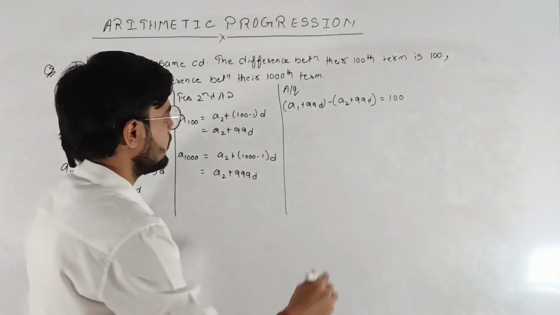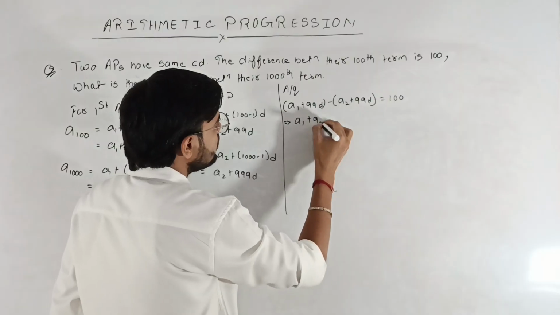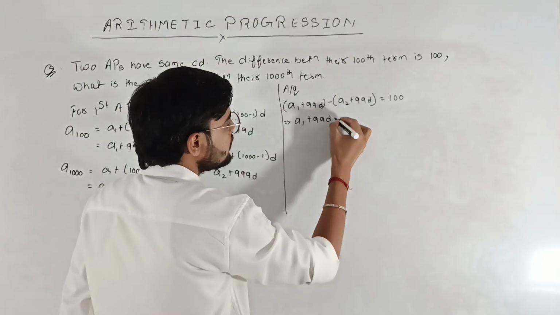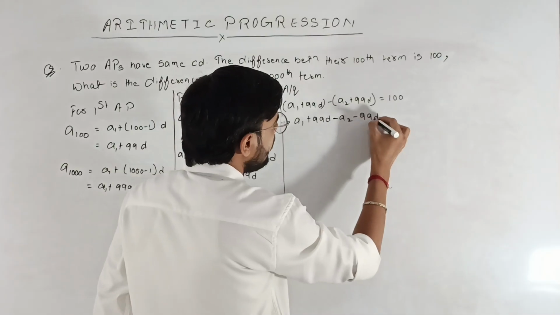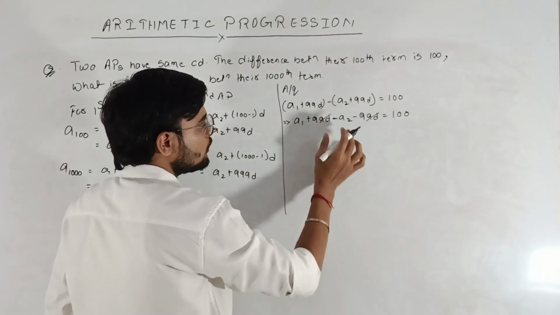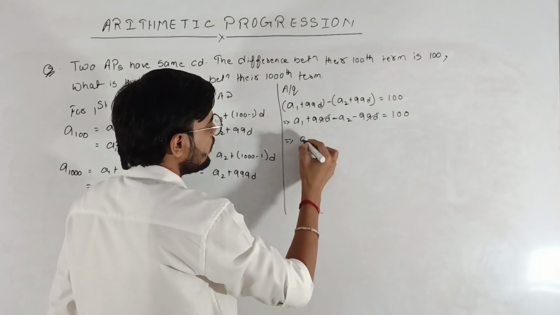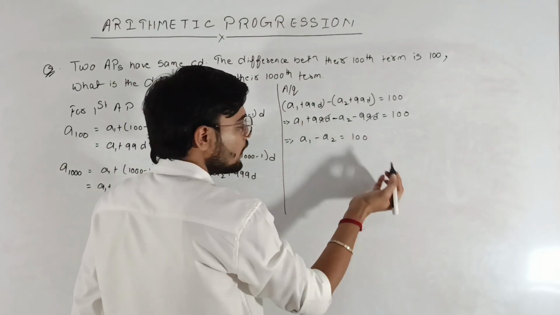Now solve this one. A1 plus 99D minus A2 minus 99D is equal to 100. Now this is plus 99D and this is minus 99D, so this one is cancelled out. So from here we get A1 minus A2 is equal to 100.